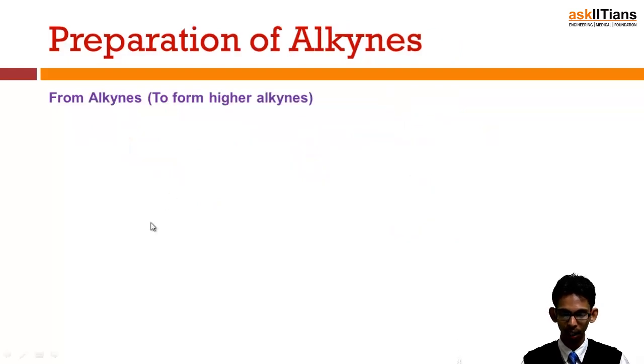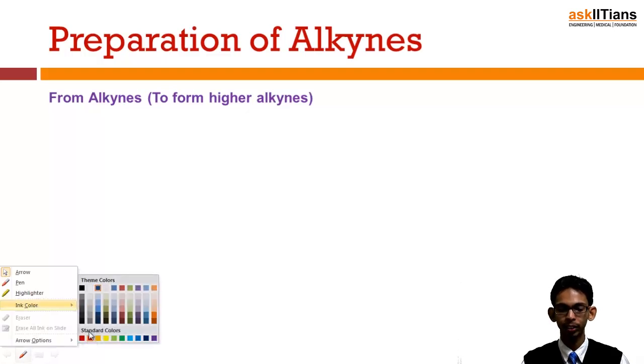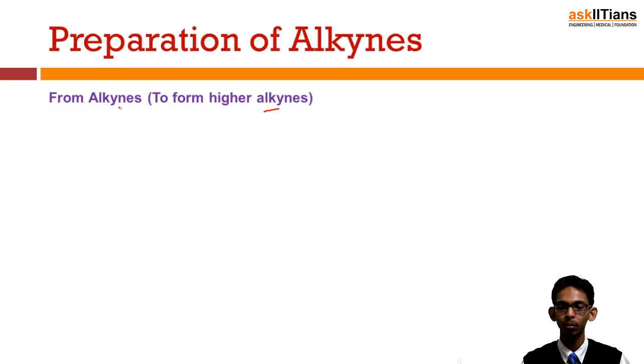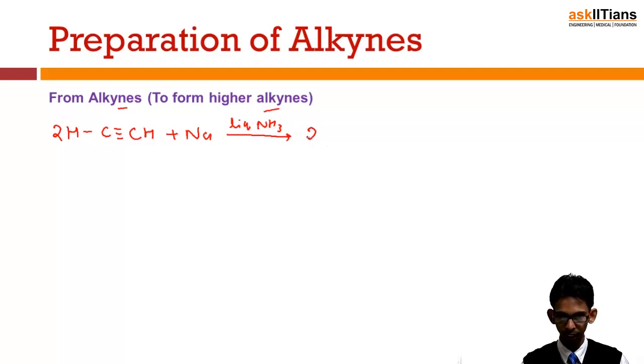Next is from alkynes. Alkynes can also be formed from lower alkynes. Actually, this method is used for formation of higher alkynes from lower alkynes, and there are two methods for this if we want to convert a lower alkyne into a higher alkyne. First, let's say we have this compound, HC triple bond CH. This is ethyne. Now when we react this with sodium in liquid ammonia, we get the sodium salt of this compound.